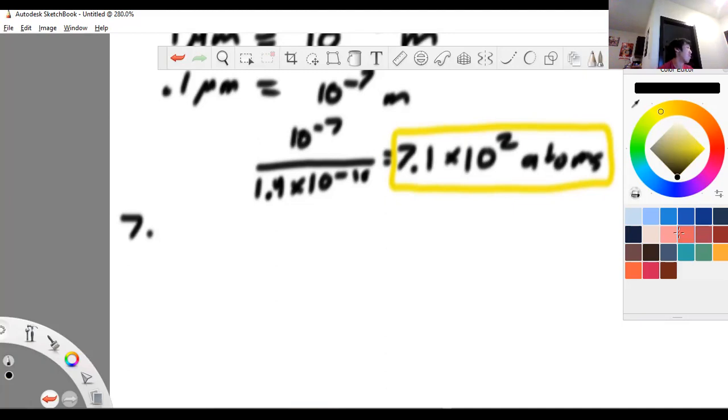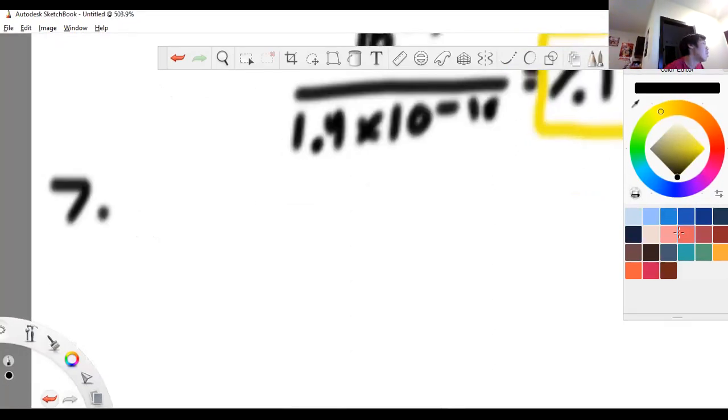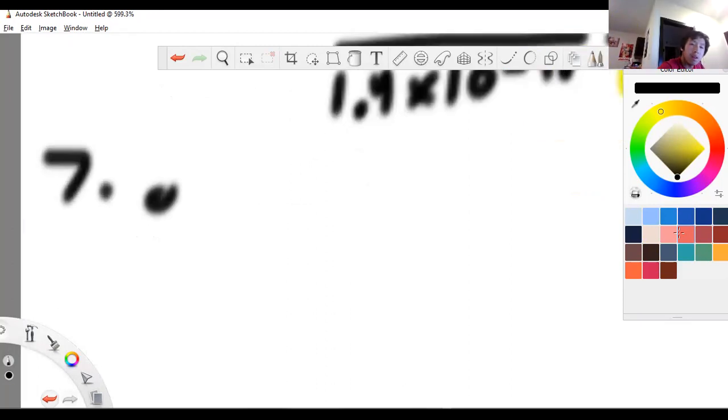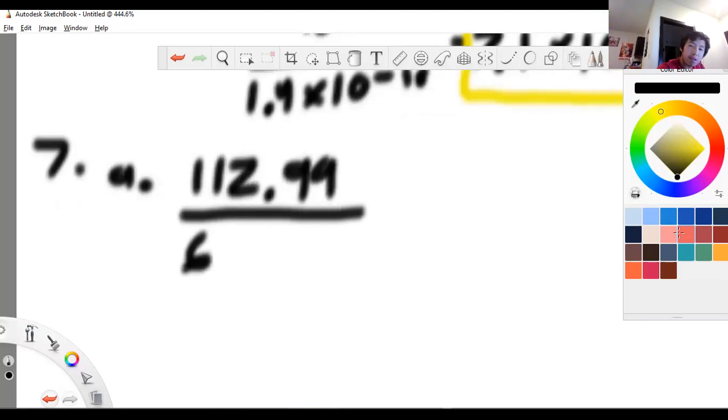Convert the following amounts into requested units, giving each result with the correct significant figures. Include units in the answer. 112.99 minutes to days. Okay. So 60 is ambiguous, we can ignore that. But 24 has two significant figures. So we do for A, 112.99 over 60 times 24.